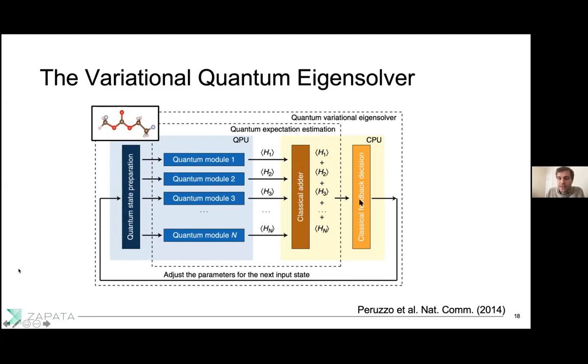And this estimate is fed into a classical optimizer, which decides how to adjust the ansatz parameters for the subsequent quantum state preparation. And so this is the VQE optimization loop. And the component of this loop which was responsible for these very long times is just this very small subroutine, which is referred to as quantum expectation estimation.